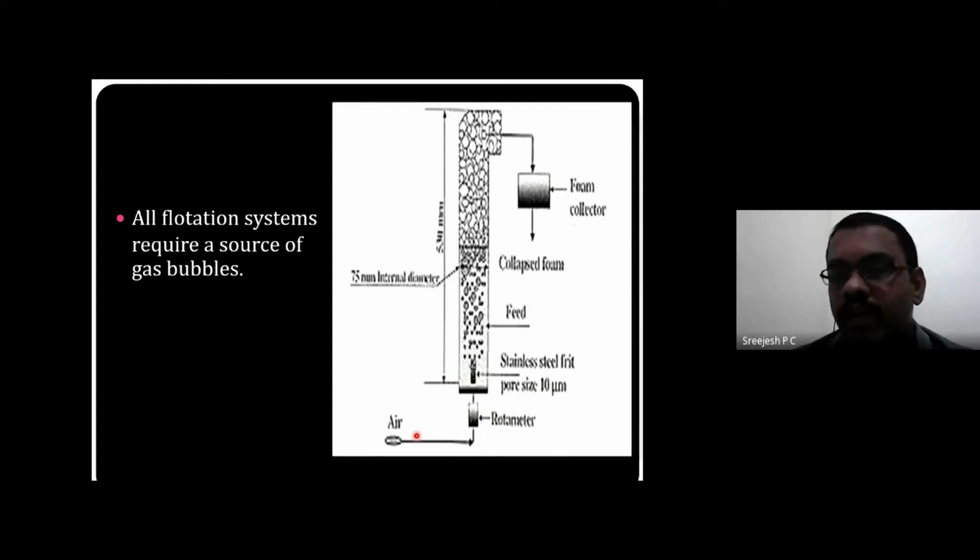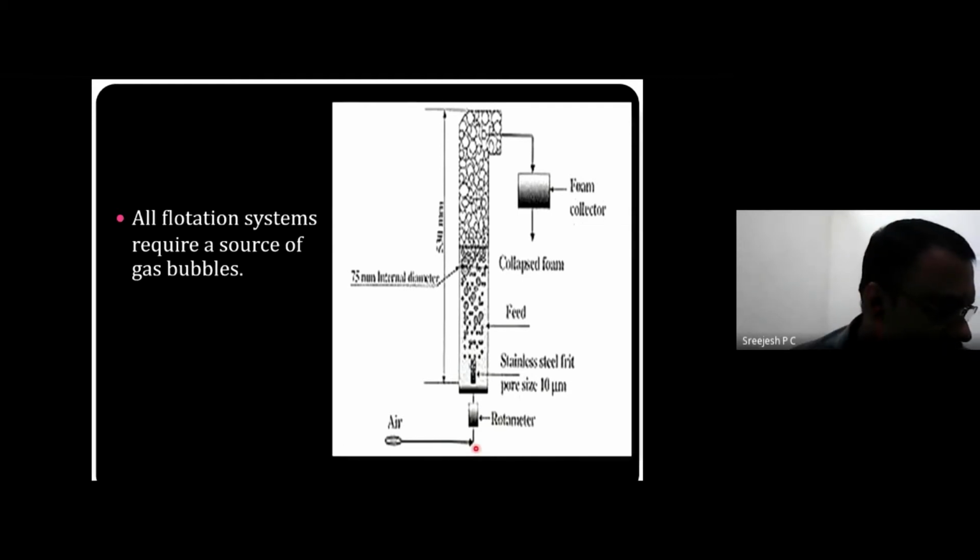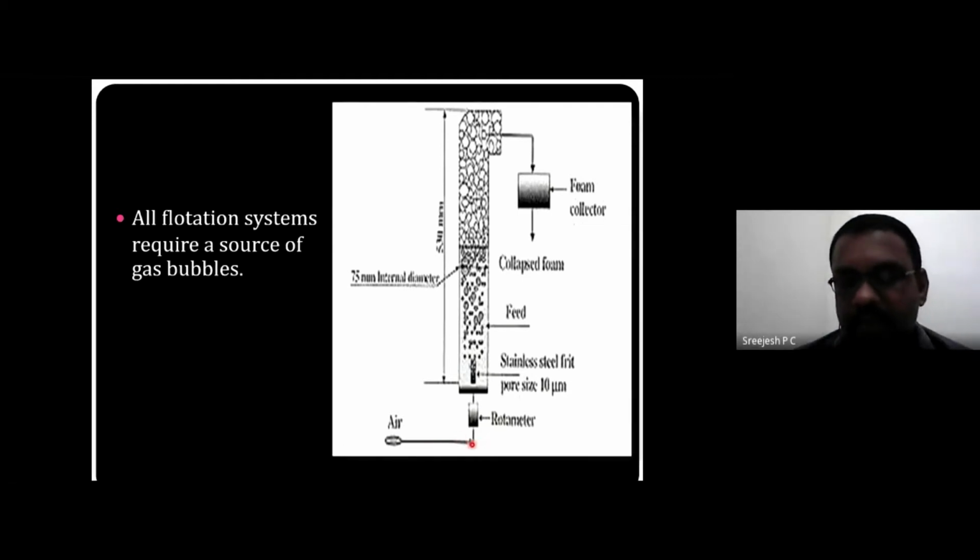So we need to use a filter to sterilize it. Through a filter which helps to sterilize the air, it will then move through a rotameter where the flow rate, the velocity of the air, can be regulated, and then flow through a narrow orifice, which can be a sparger, and then the tiny air bubbles will be formed.